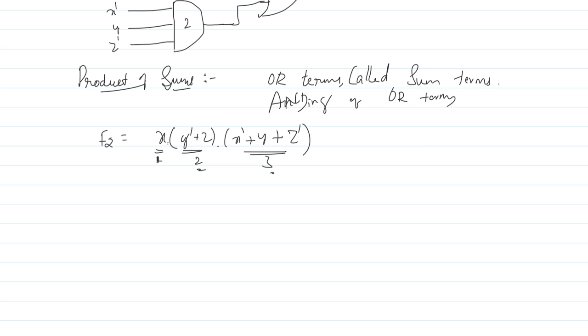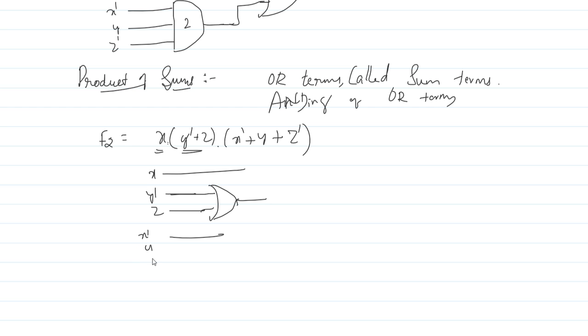So you can also construct a logic diagram for the given product of sums. So I will write how to draw the logic diagram for the given product of sums. We have only one variable for x, so I take one input. Y prime plus z is there, so I take y prime, z, and y prime and z are ORed together, so I need to take an OR gate here. So take an OR gate. The next one is x prime, y, z prime. So take three variables here and connect them with an OR gate.